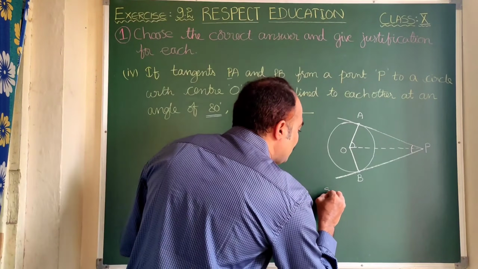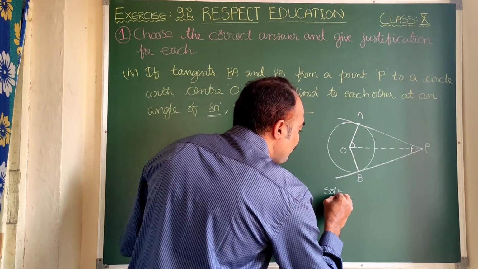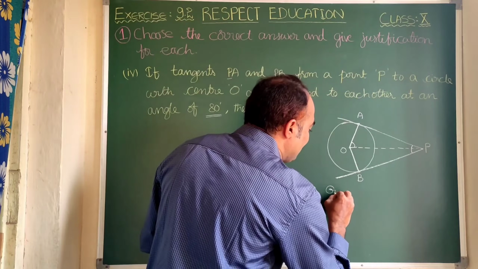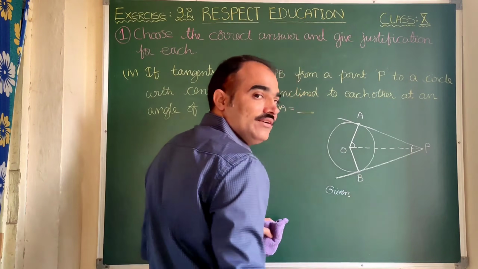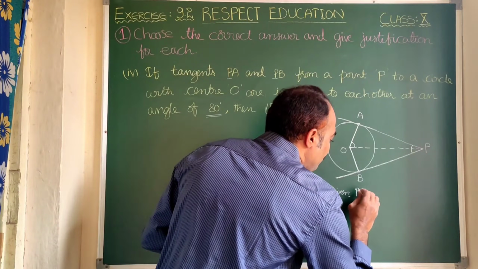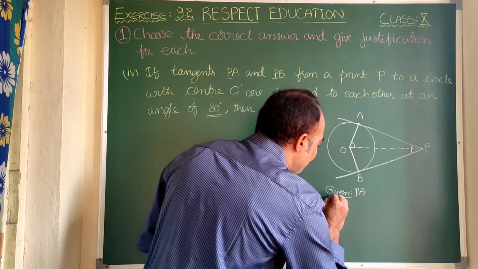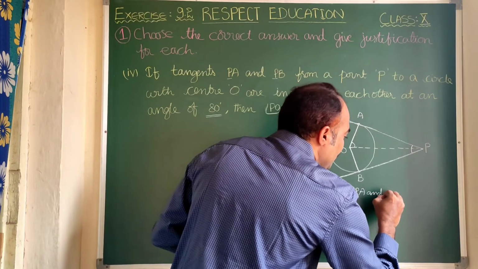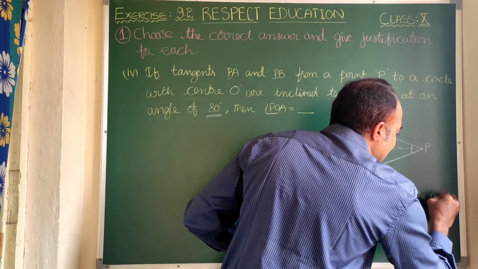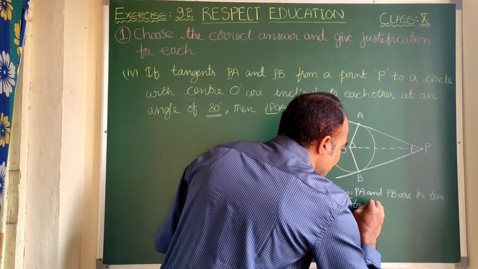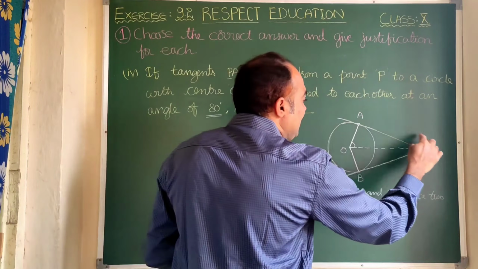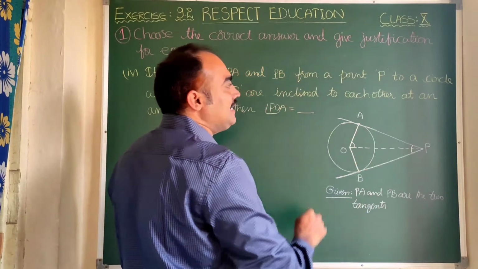So here let us start solving this problem. Before that, we can write first the given. The given conditions are PA and PB are the tangents, PA and PB are the two tangents, and also angle APB is given as 80 degrees.